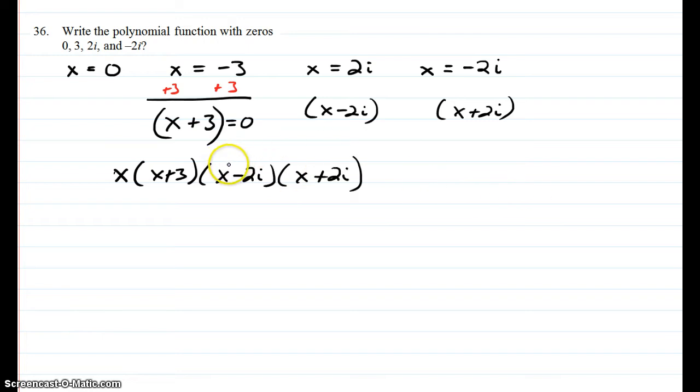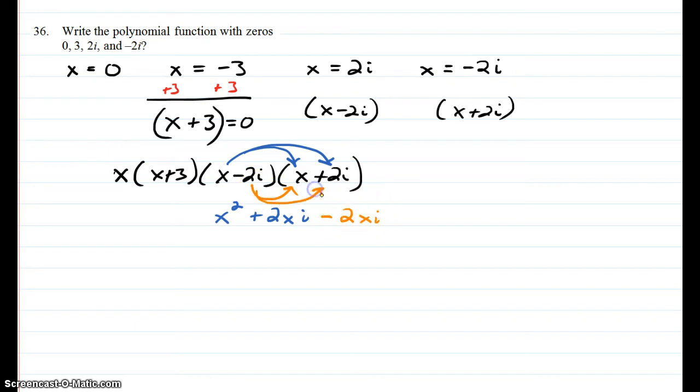if you want to do the FOIL method, that's fine, but x and x is going to make x squared. x and 2i is going to give us positive 2xi. Negative 2i and x is going to give us a negative 2xi.